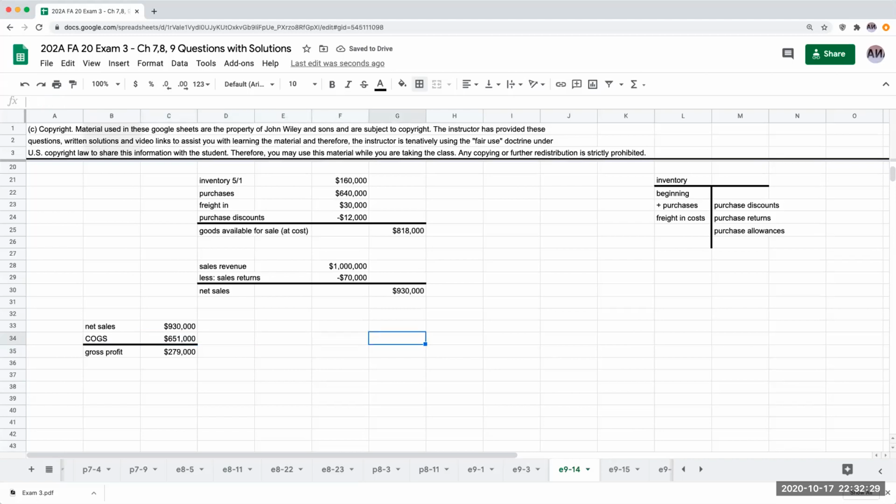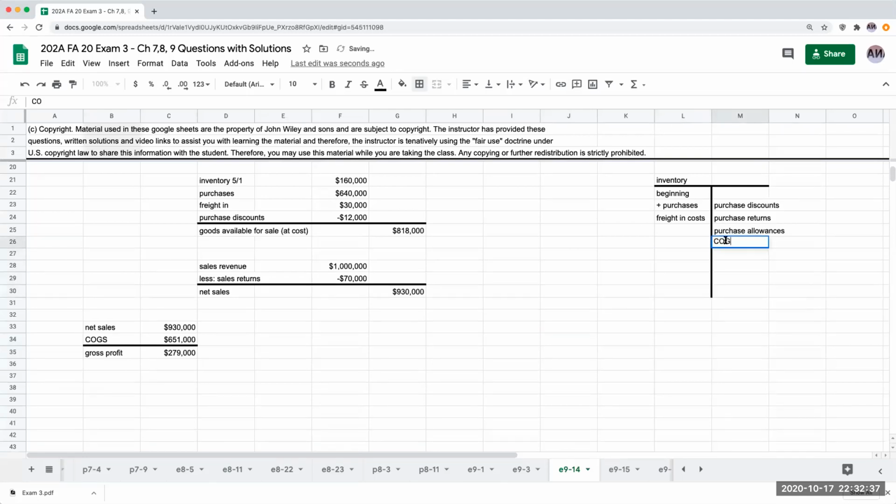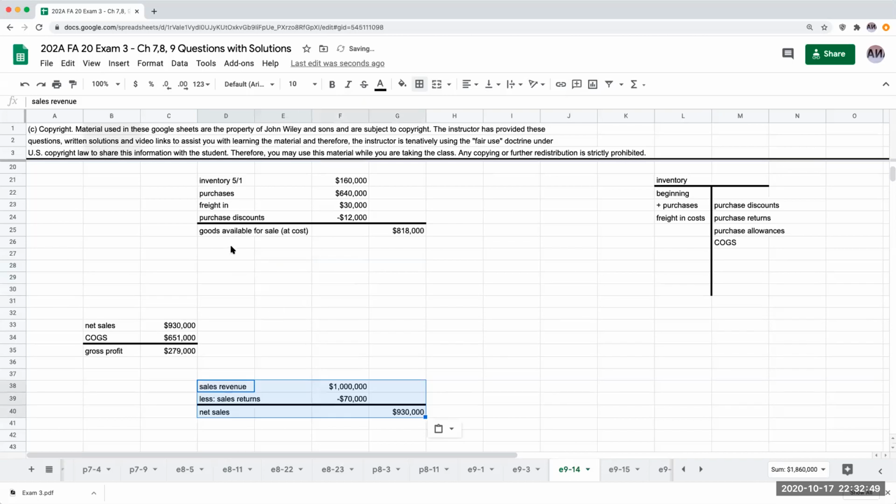The other thing that decreases our inventory is cost of goods sold, because I'm debiting cost of goods sold and crediting inventory. So I have down here, less my cost of goods sold, which is $651,000.